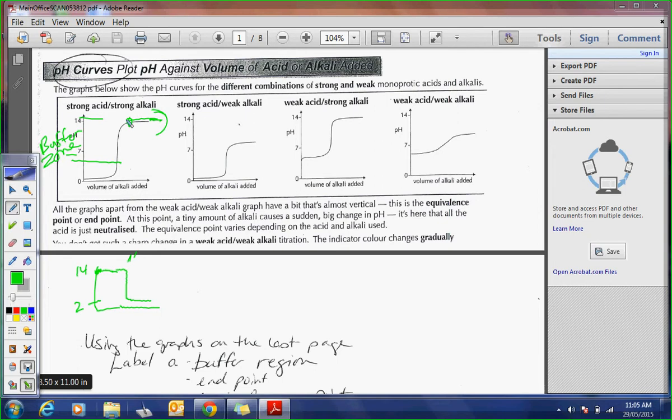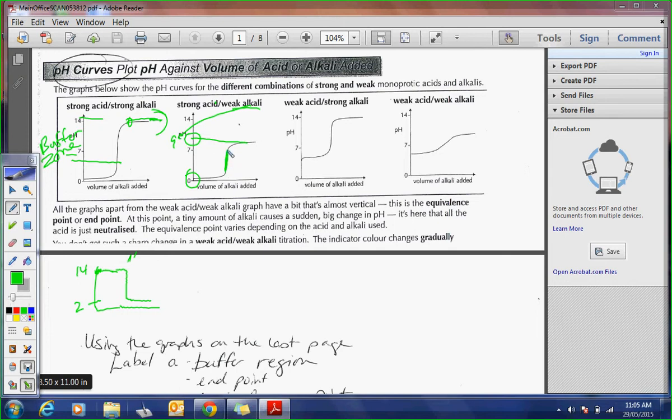Okay. So here, I'm starting with a strong acid. And when I end with just my base from the burette falling in there, I only have a pH of 9-ish. So that's a weak alkali. Get it? And the equivalence point of this, let's say HCl and ammonium hydroxide, it's a weak base, or sodium carbonate will be a weak base.